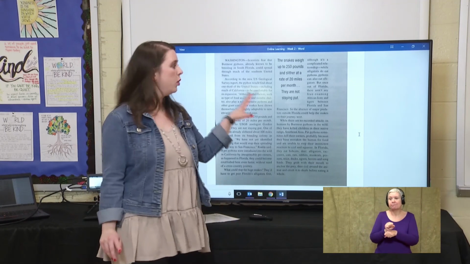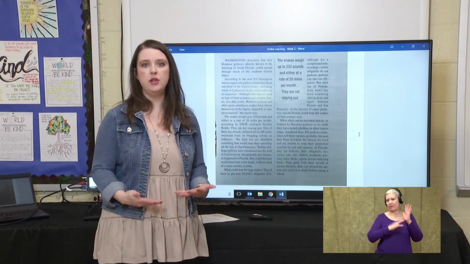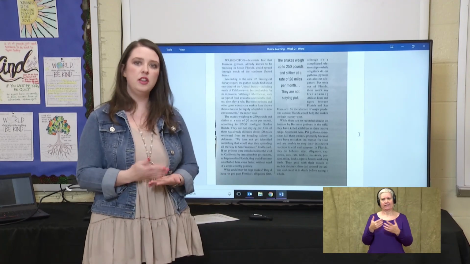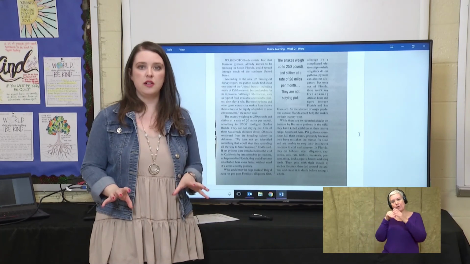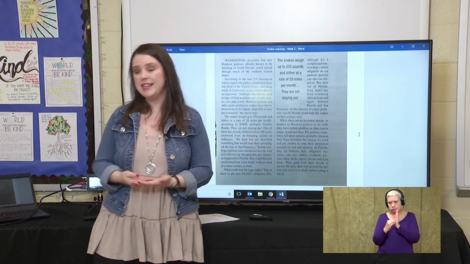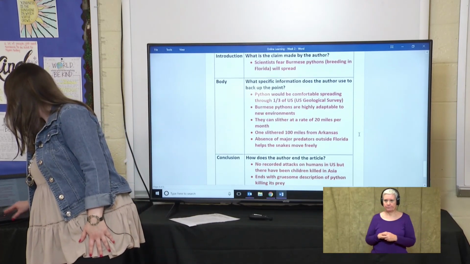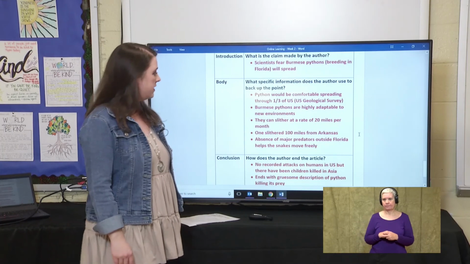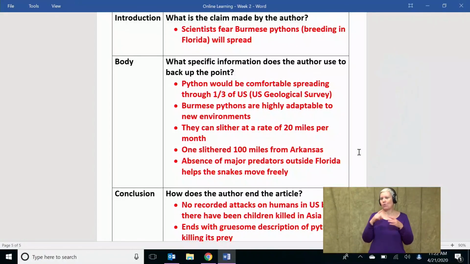So I'm going to show you how I did this in chart form. And guys, it's not really that hard to do. It's very simple, actually. You just have to learn to put this into manageable chunks so that you are able to break it down. Okay, all right. So here I have filled in what I was just going over with you.